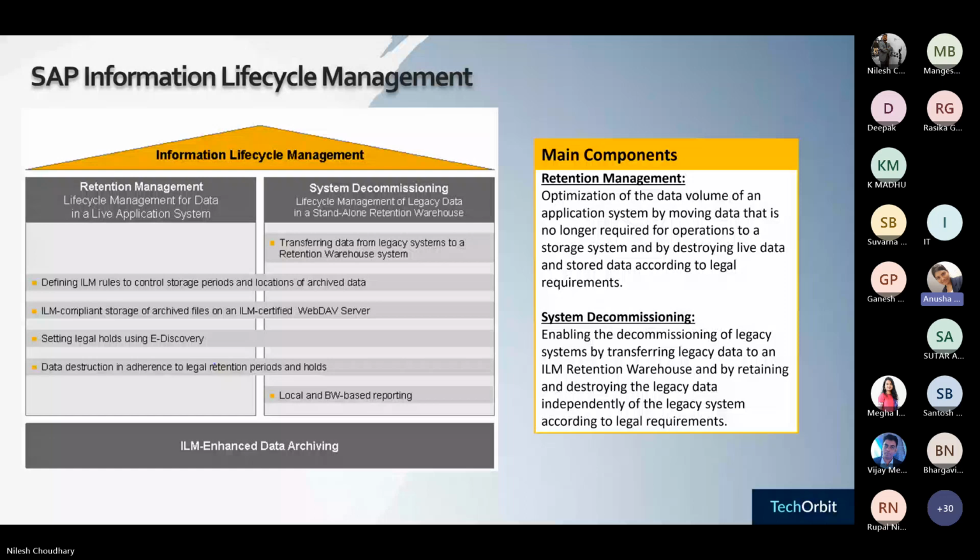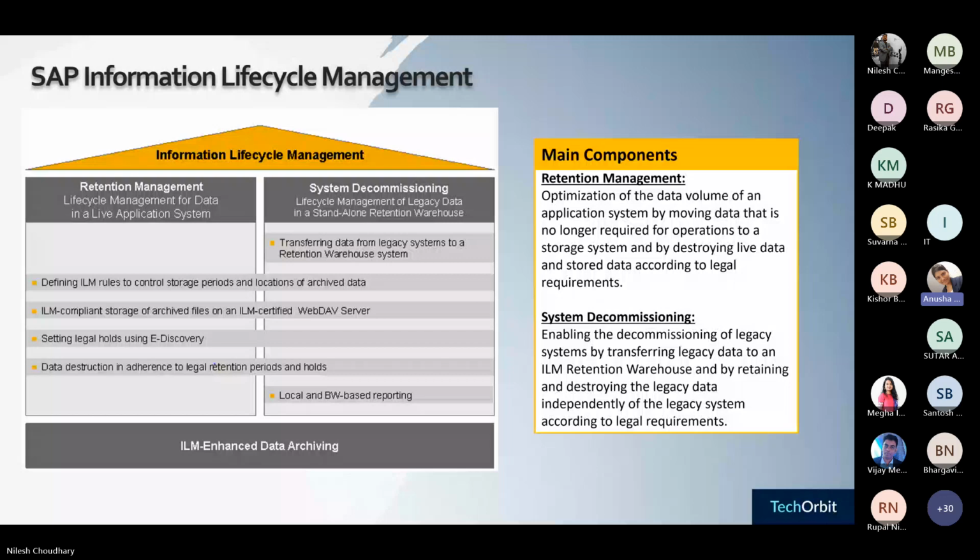On the other hand, we have something called system decommissioning, a component of SAP ILM. This is a very special component designed to handle your legacy systems. Let's say you have multiple ECC systems right now and your client has decided to go for only one HANA system and wants to get rid of six to seven legacy ECC systems.